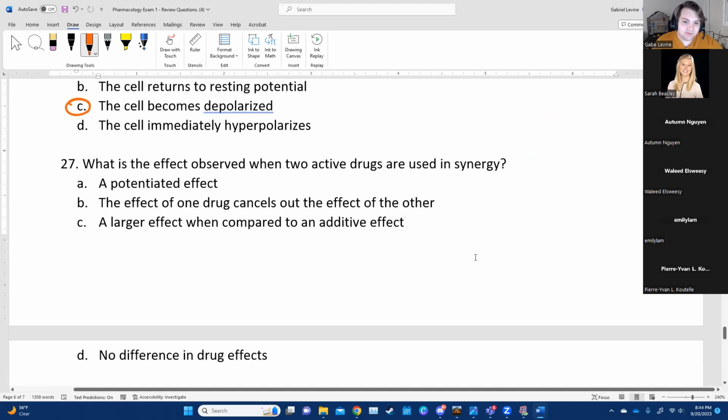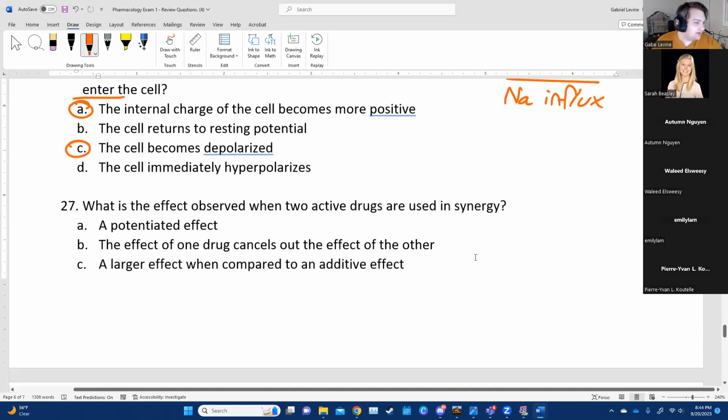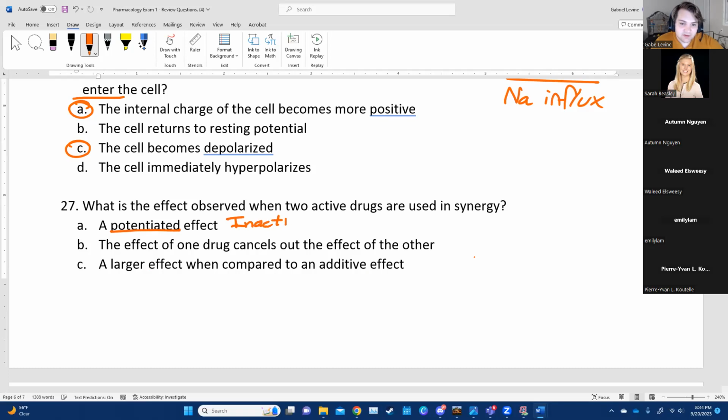What is the effect observed when two active drugs are used in synergy? Well, potentiated effect is where we have inactive plus active. The effect of one drug cancels out the effect of the other drug. If we're talking about canceling, then that must mean that we have an antagonist, right?